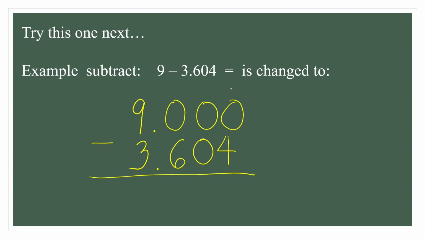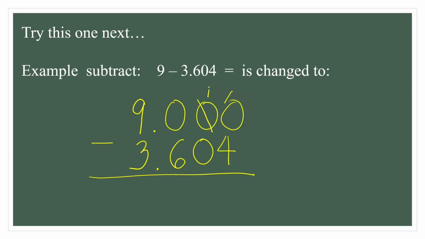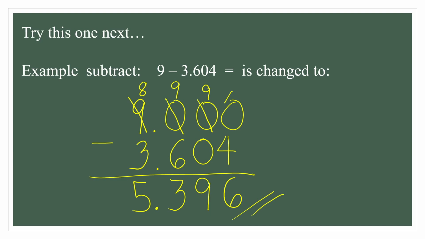So mahimo ning 10, mahimo ning 9. Sorry. Mahimo ning 9, mahimo ning 8. Oh, let's subtract now. 10 minus 4, 6. 9 and 0, 9. 9 and 6, 3. Bring down the decimal point. 5. Mao na na answer nato.